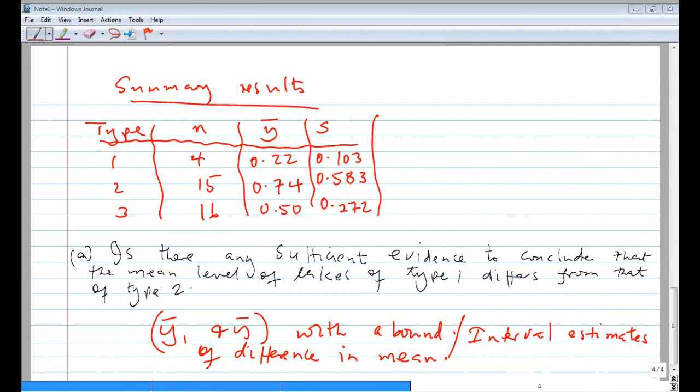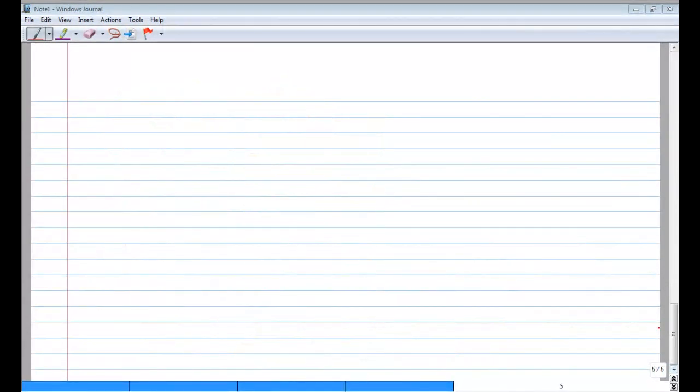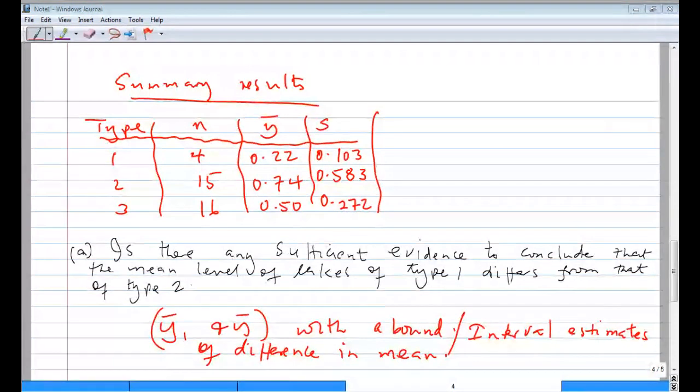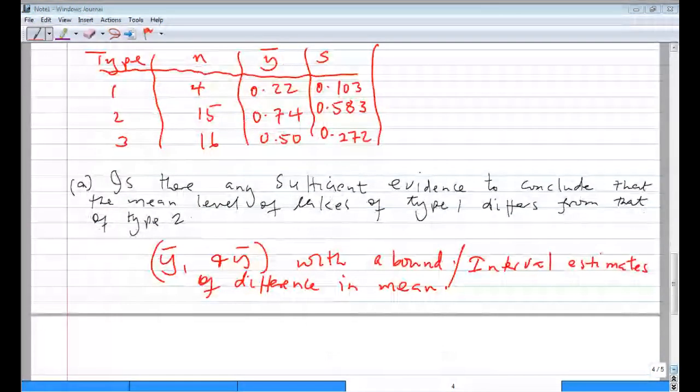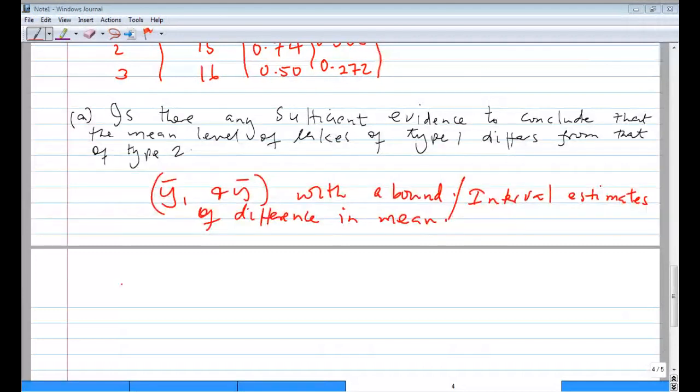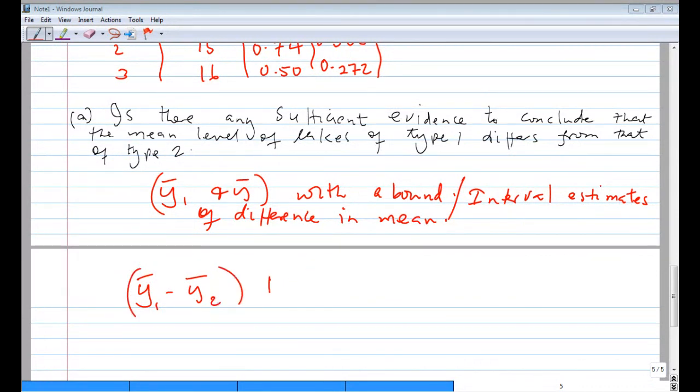Let me just go down a bit. So you use y bar 1 minus y bar 2 plus or minus 2 times the square root of the estimated var of y bar 1 plus the estimated var of y bar 2.